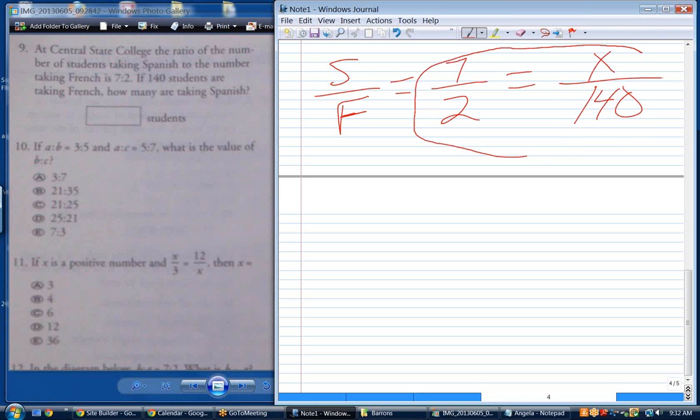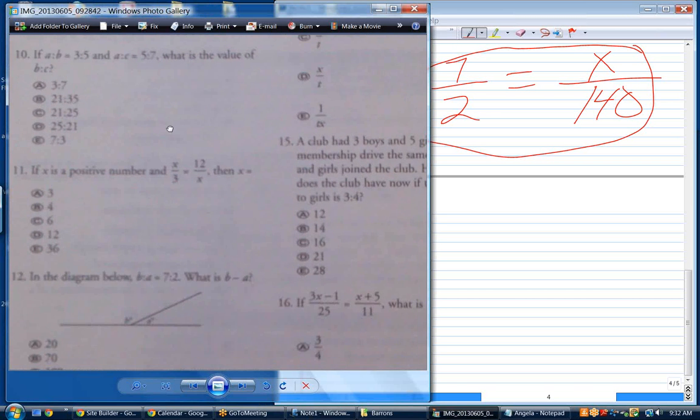So now you have to solve that equation. Let's see, if I did this correctly, it comes up to 490. Correct. Okay.